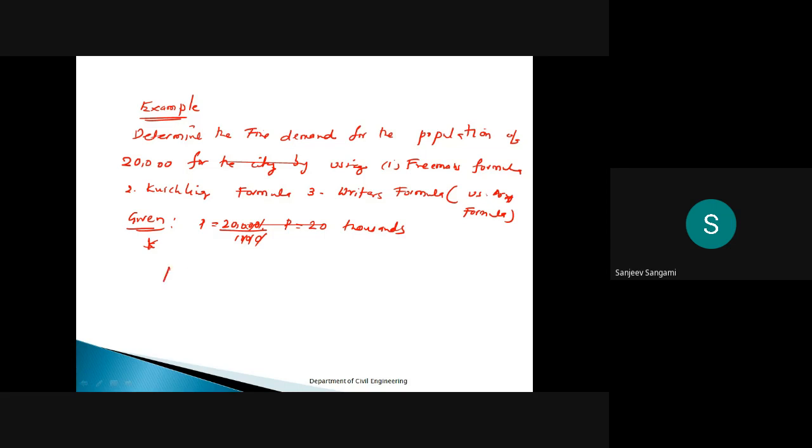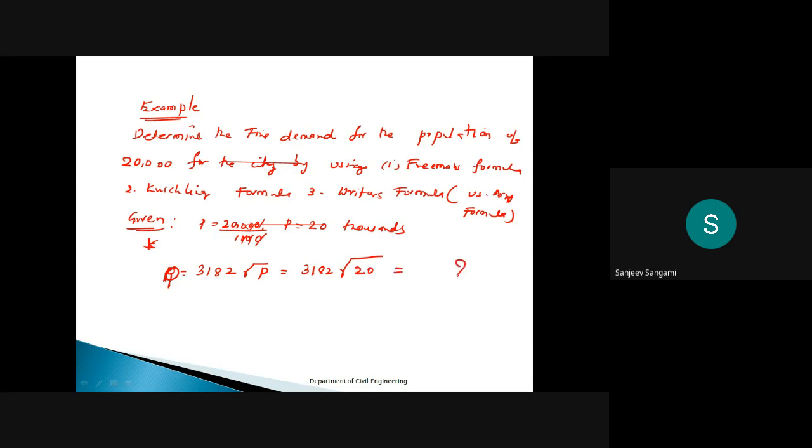So then apply the population; that is equal to Q. We have to calculate the demand. The Q is the flow rate. Sometimes fire demand means how much quantity of water is required per minute, or liters per minute. So Q is equal to 3182 root of P. Whenever you are substituting, substitute it as 20 here.